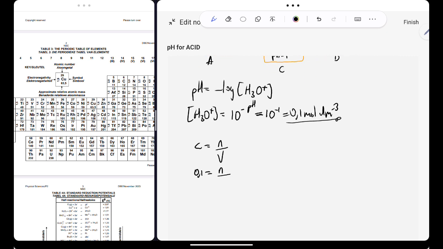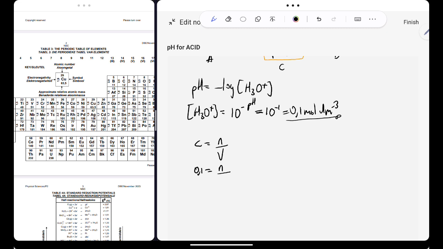So basically I have 950 cubic centimeters, which must be converted into cubic decimeters. That will be 0.95. So the number of moles is 0.1 multiplied by 0.95. I'll simply get 0.095 moles.